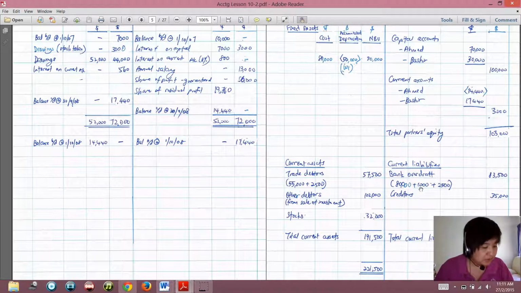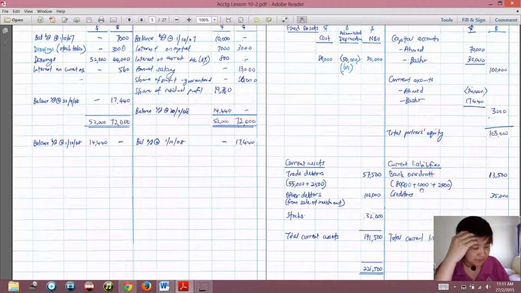And then part 2, a check for 2005 paid in on 29 September 2008 was dishonored on 10 October 2008. Dishonored means the check bounced.